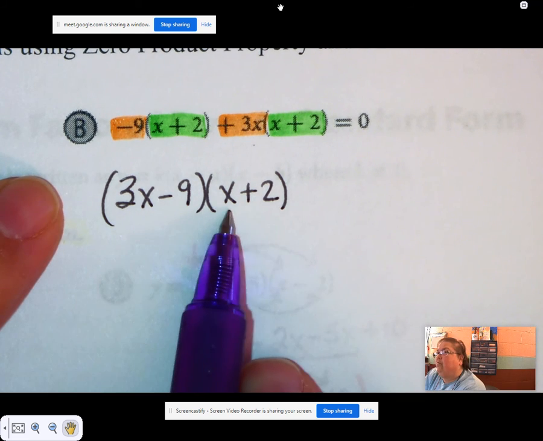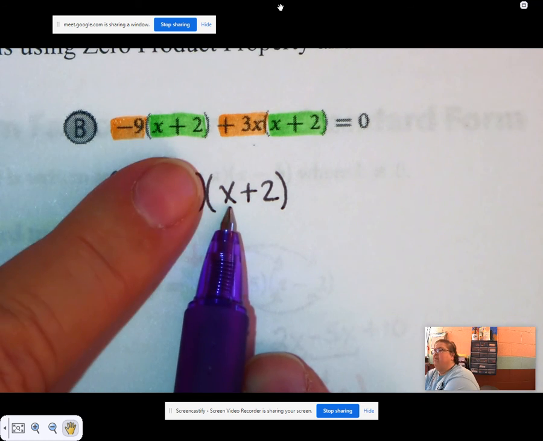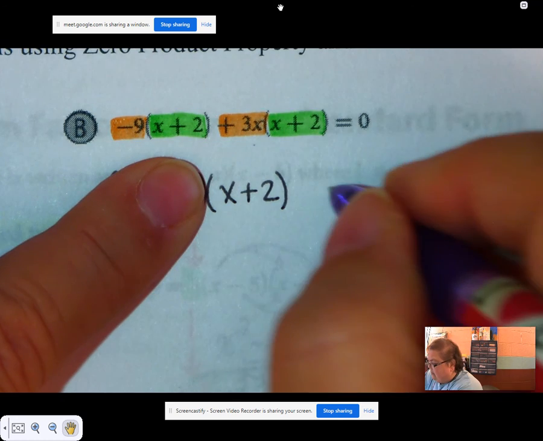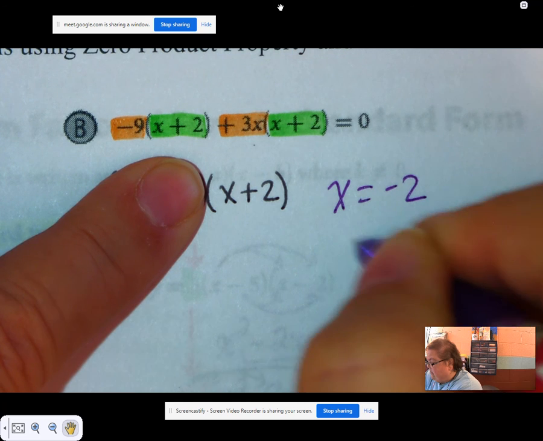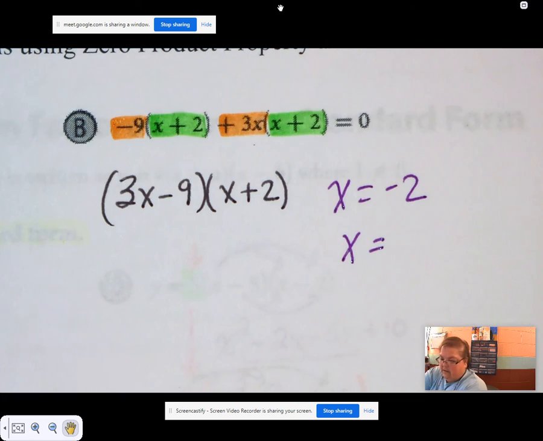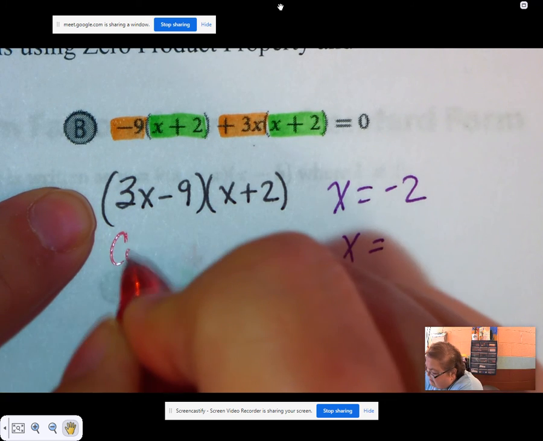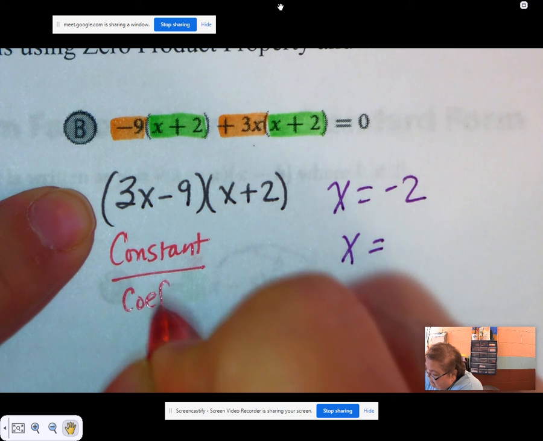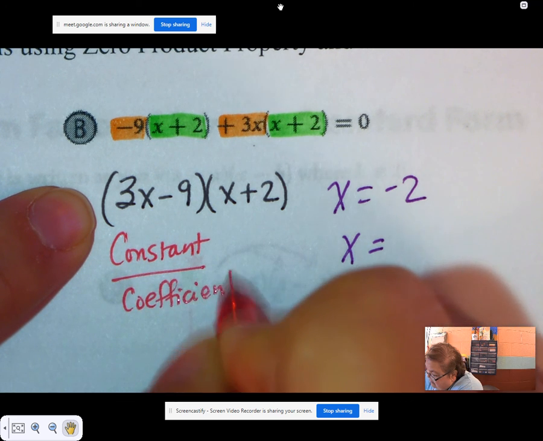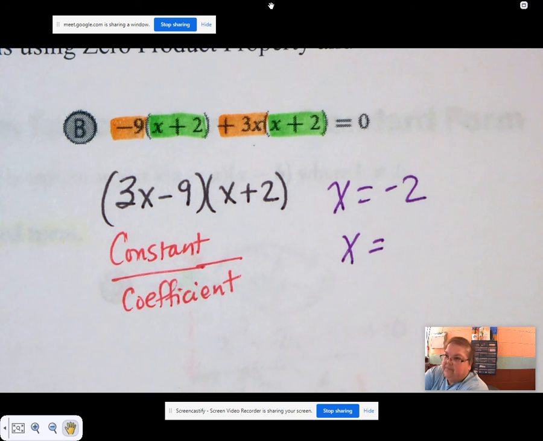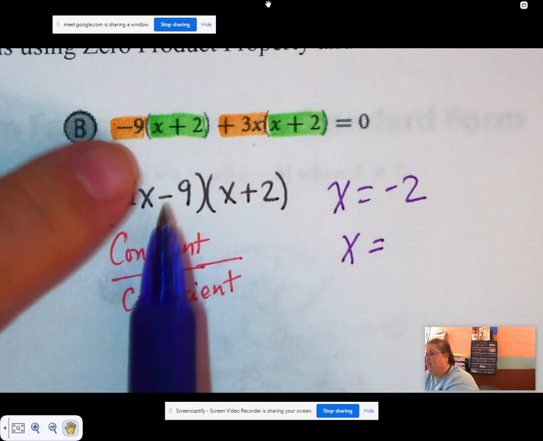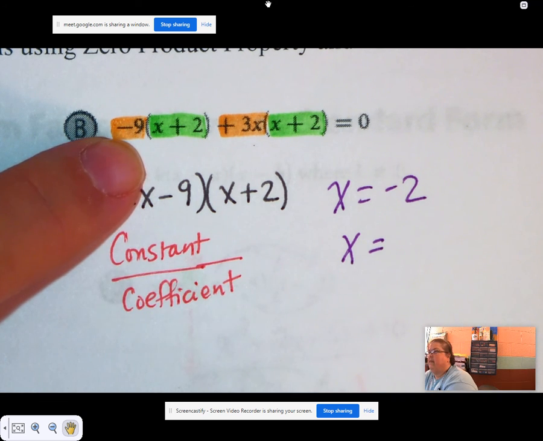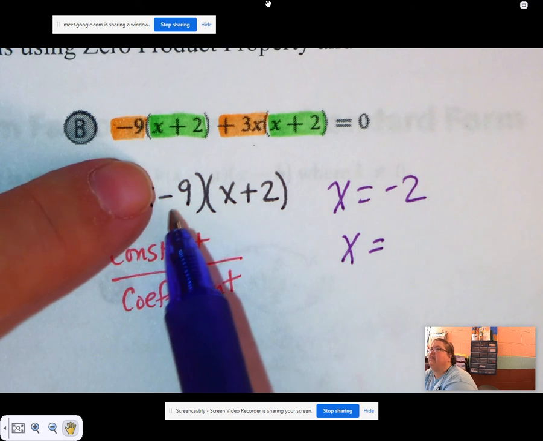Now, this first one, we already know. What should x be in order for this to equal 0? -2. Okay? My second one here, constant over coefficient. The constant is the number that's all by itself, right? What kind of 9 is it?